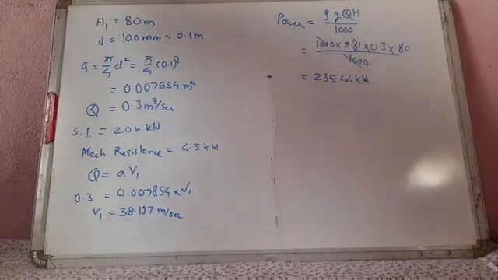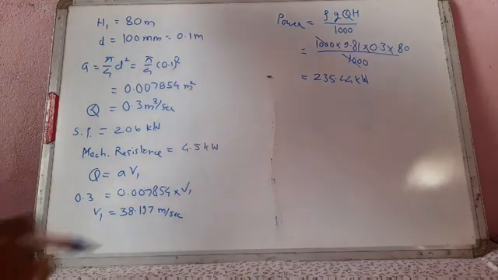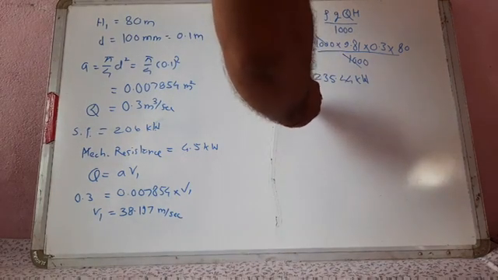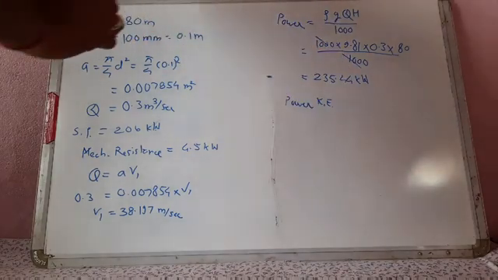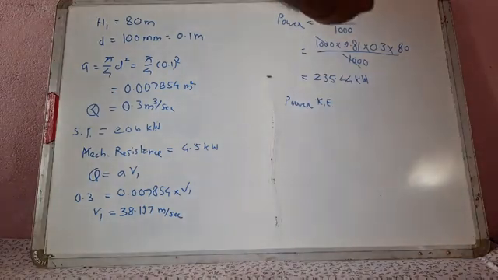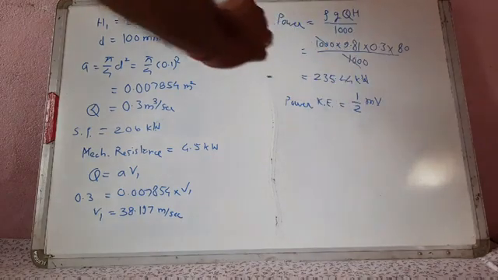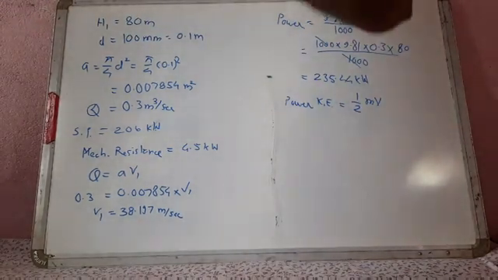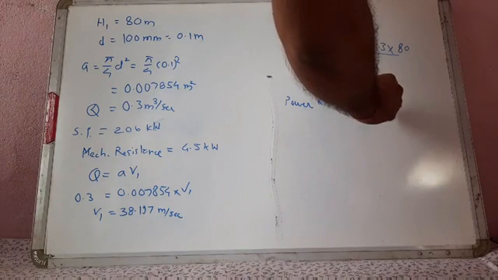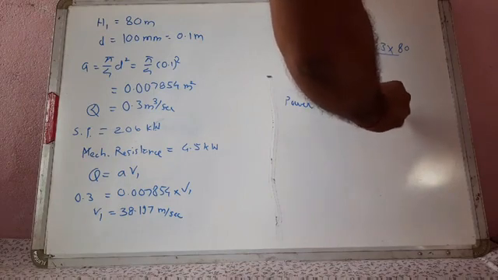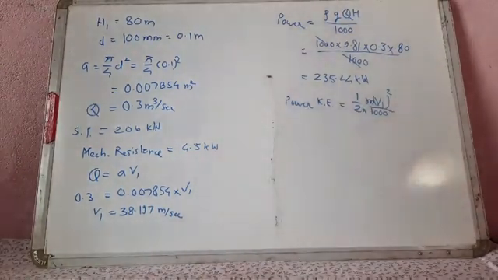Now power corresponding to kinetic energy of the jet in kilowatt. Power corresponding to kinetic energy is half of m v square, and here all in kilowatt, so this is divided by 1000 to convert this kinetic energy into kilowatt.